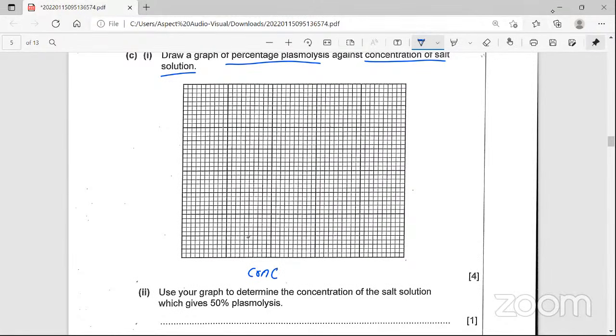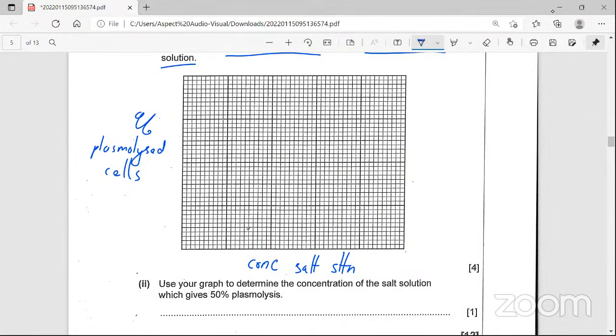Right, so here, your concentration of salt solution is on the x-axis. And then here, the percentage of plasmolized cells is the dependent. Are we together? Since we're controlling the concentration there.